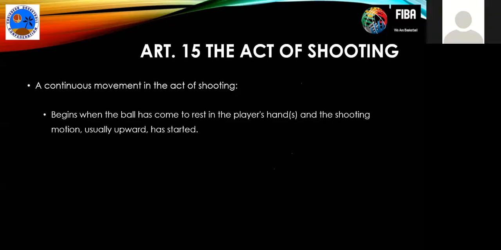Yes, okay. Because in the presentation, which is the rule, it says there is no relationship between the number of legal steps taken and the act of shooting. Legal steps taken, those are the keywords.